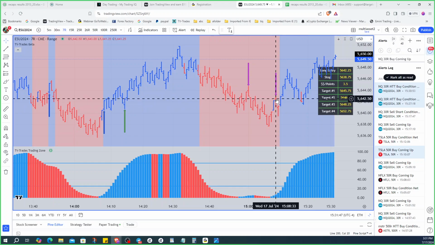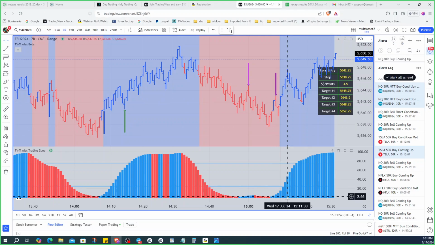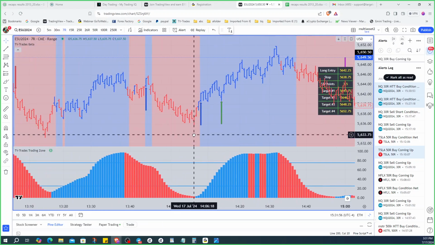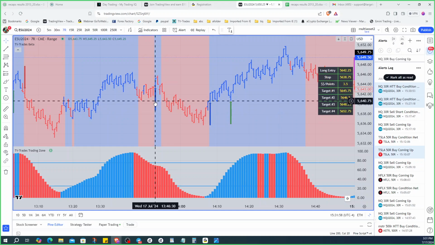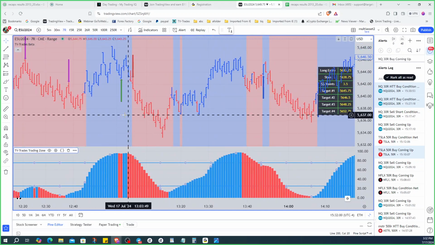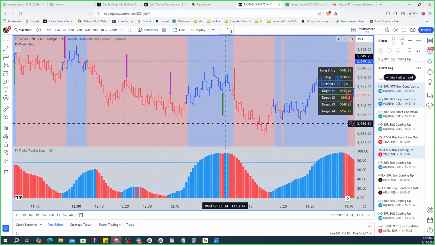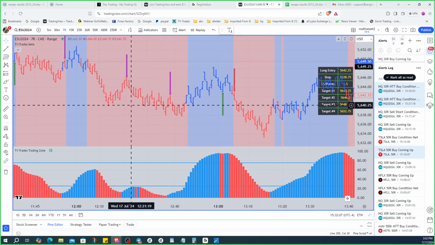It's good for the mid-trend trades particularly, but if you get something like this, it's shorting down into a blue one, you're not going to get a trade. If you get something like this, that's going long up into a red one, you're not going to get a trade.